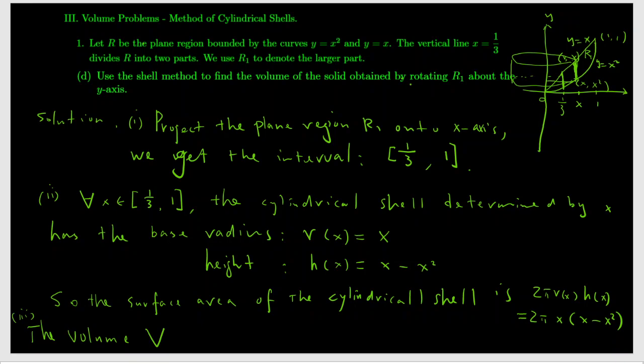The solid is obtained by rotating R1 around the y-axis. Okay, so the volume V is computed by integrating from 1/3 to 1, the interval you got in step 1.